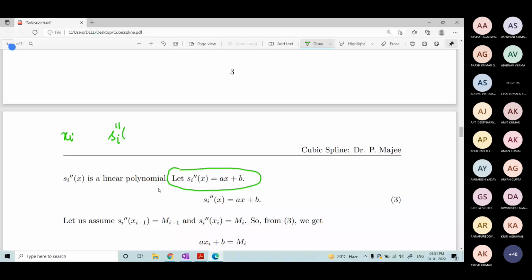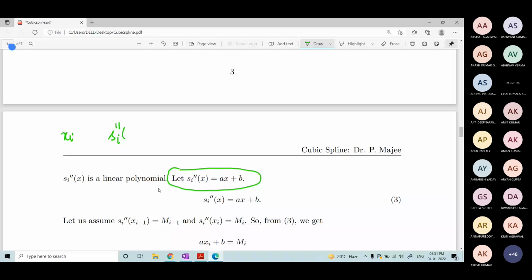From this formula: 1 upon 6h_i times (x_i minus x) whole cube times M_{i-1} plus (x minus x_{i-1}) whole cube times M_i plus (x_i minus x) times (6y_{i-1} minus M_{i-1}h_i squared) plus (x minus x_{i-1}) times (6y_i minus M_i h_i squared). So this is the formula for each piece. This is a cubic polynomial.